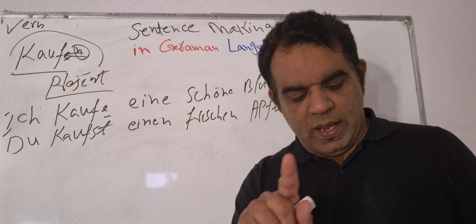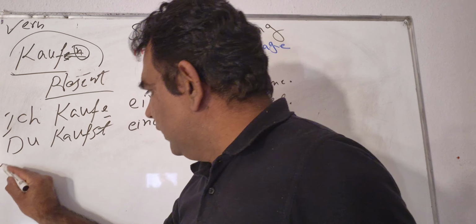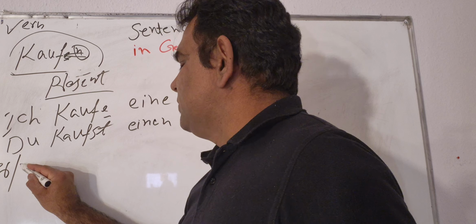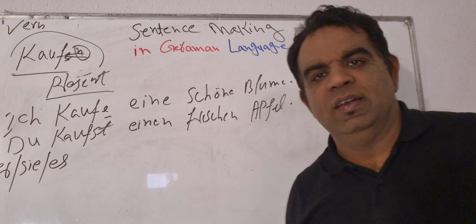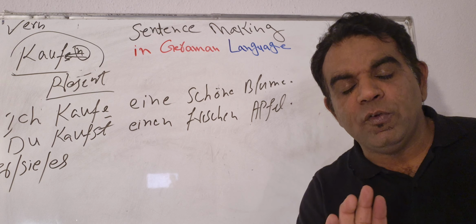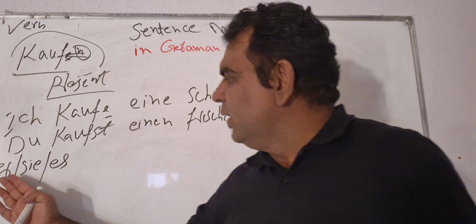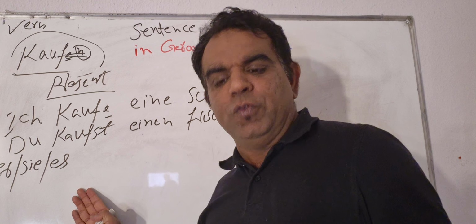Now, if you have the subject er, sie, or es, and you want to make a sentence with er, sie, or es, what do we have to do?